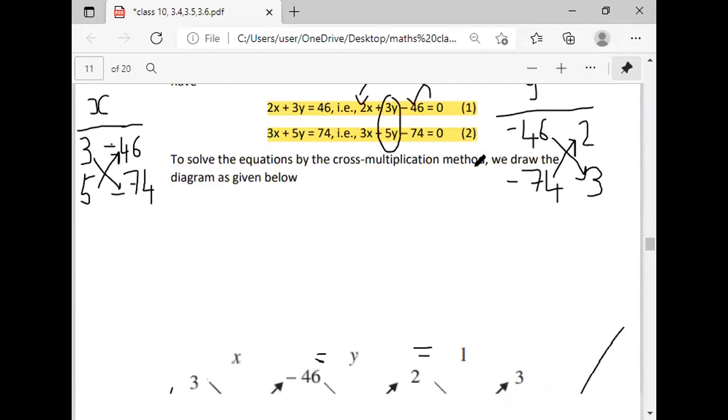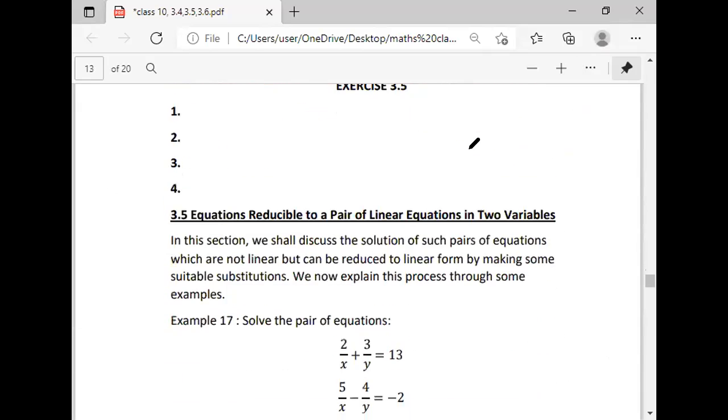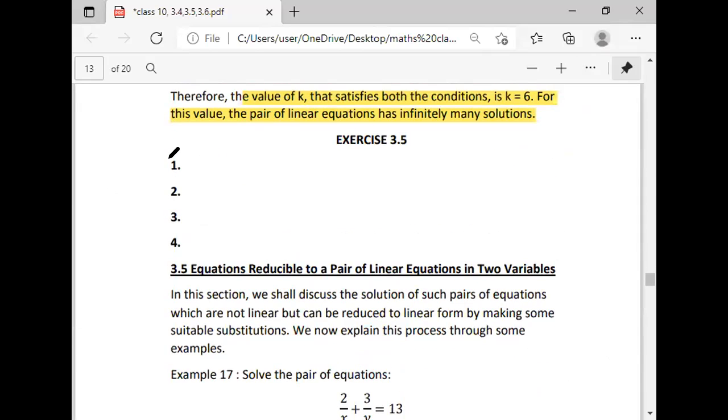So that was about the cross multiplication method, and you have only 4 exercises. You can solve it easily. If you have any doubt, you can ask me. In the same manner, you can begin. You can use cross multiplication to solve the questions in this exercise 3.5 and get familiar with the cross multiplication method.